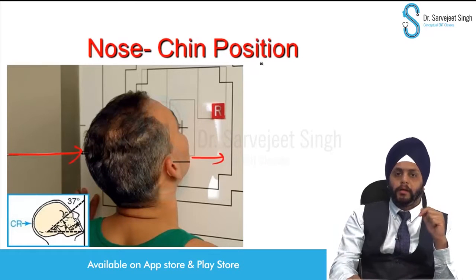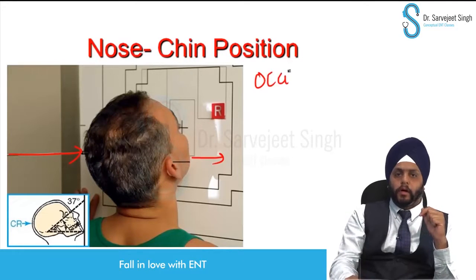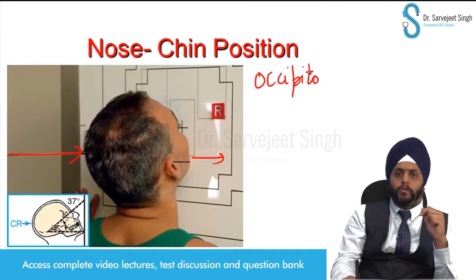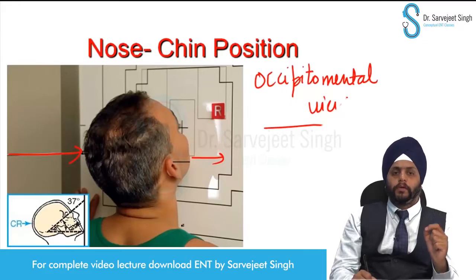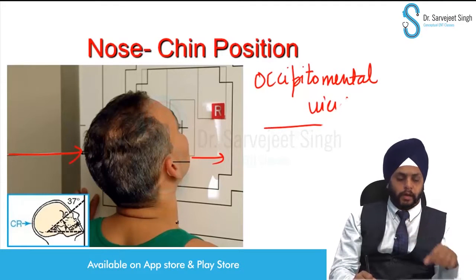This is known as the occipitomental view, or nose-chin position. Right? Okay.